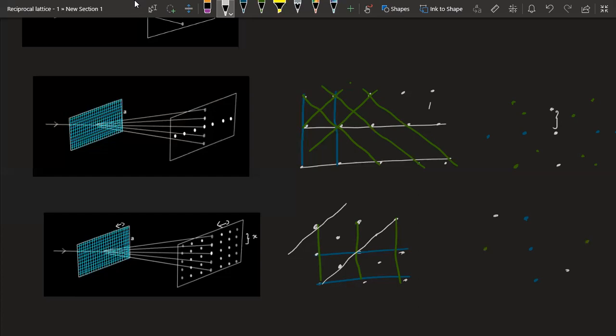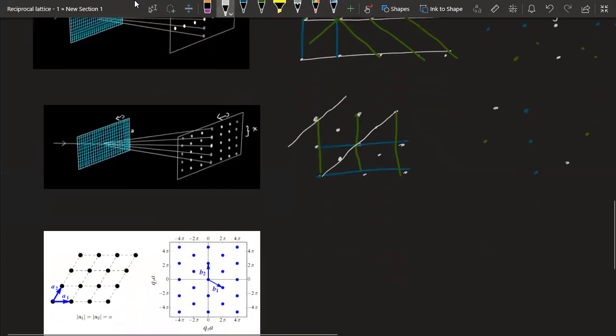Okay. So we know that if we have two crystals, A and B, and we shine some light and observe what happens, we observe the dots in this. Sorry for the drawing. We get some particular dots. I'm just drawing the cross section. We get some dots in the B crystal as well.